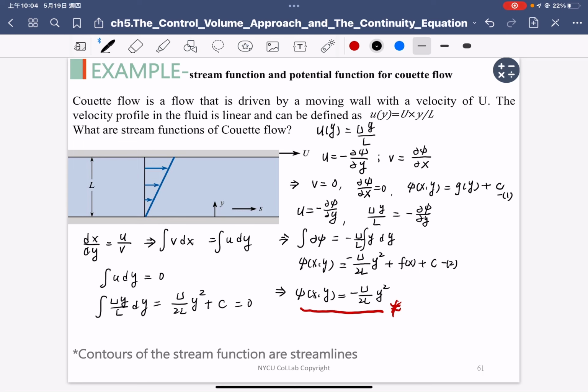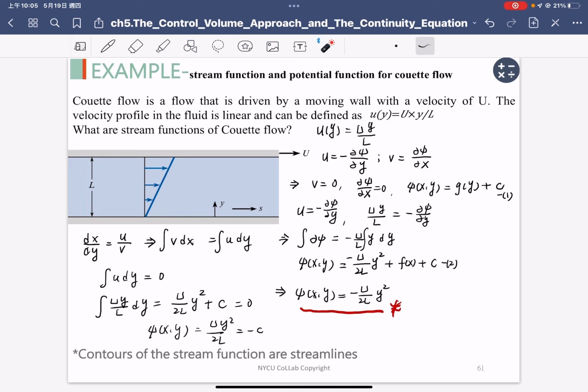So we can define the stream function. The stream function of x and y is always equal to U y squared divided by 2L, and that will equal to a constant value. So with a different constant value in here, you will have different streamlines.